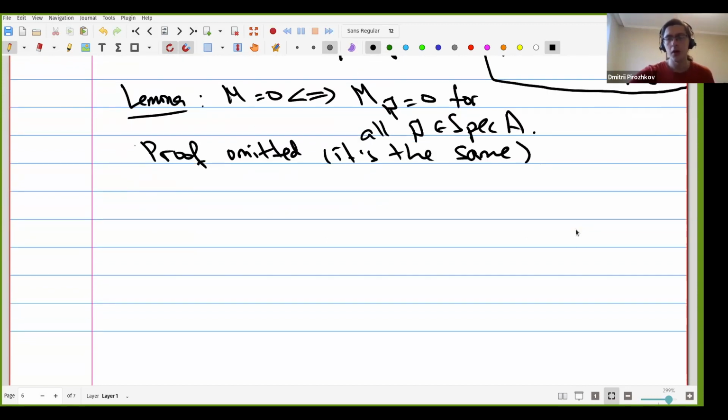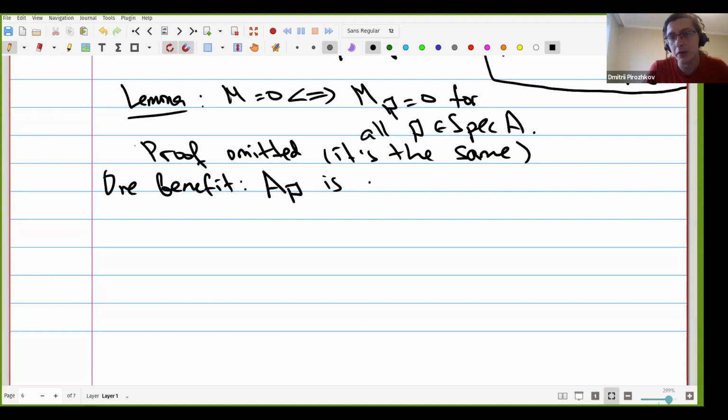So this is another way in which you can work locally. If you want to check some properties, sometimes you can look at all prime ideals, localize in those prime ideals and consider your algebraic question there. One possible benefit: if you take this AP, it is a local ring in the sense that it has a unique maximal ideal.